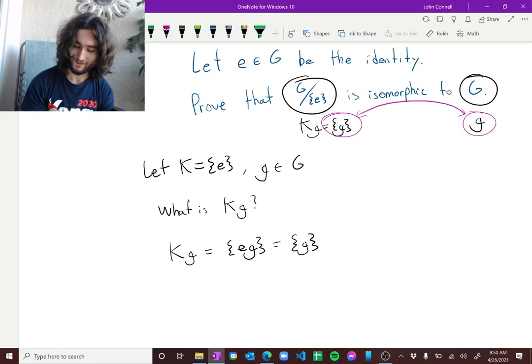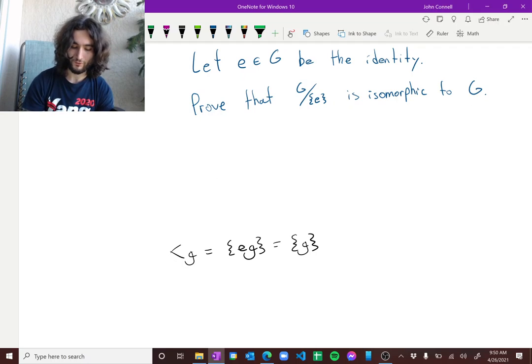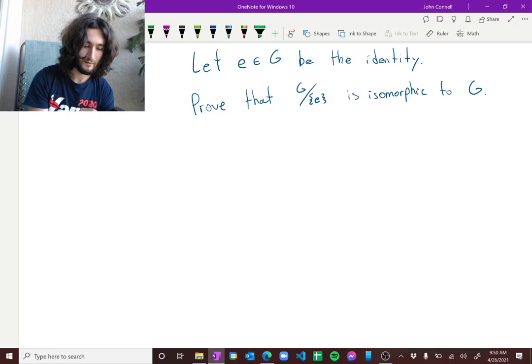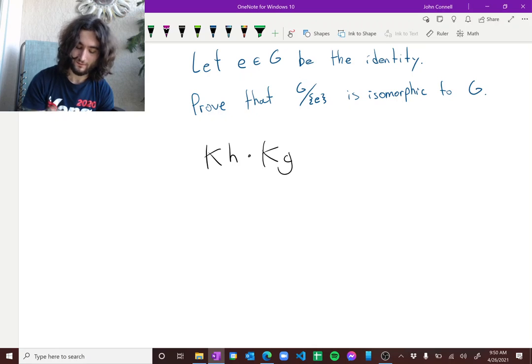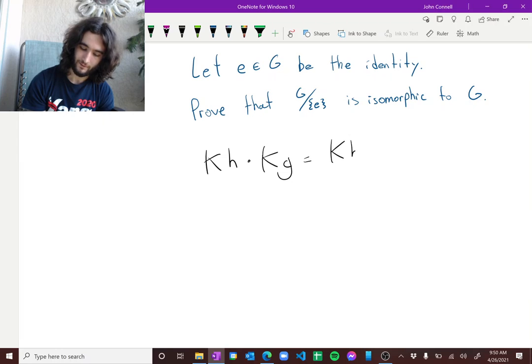Because over in the quotient group, you'd have stuff like Kh times Kg is K of hg, or in other words, just the set {h} times the set {g} would be just the set {hg}.